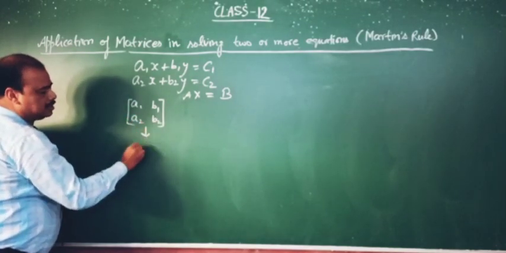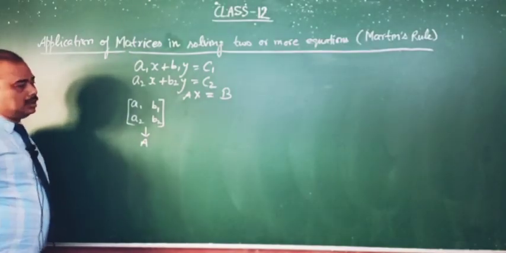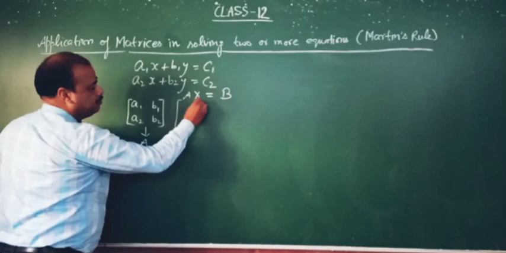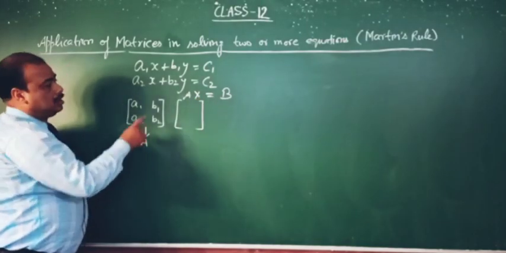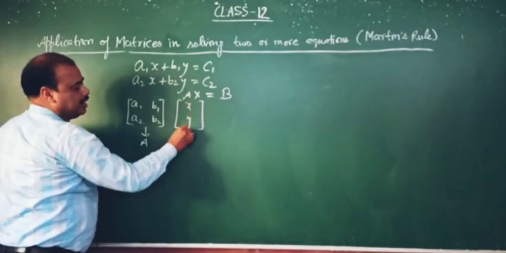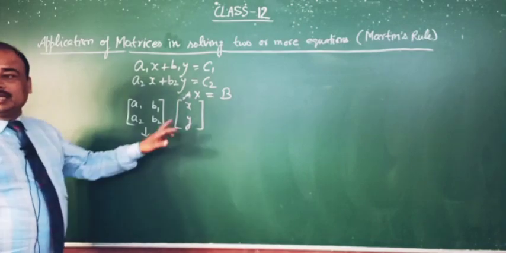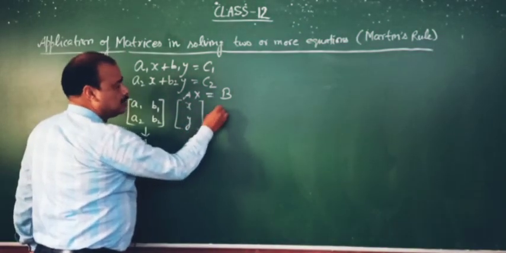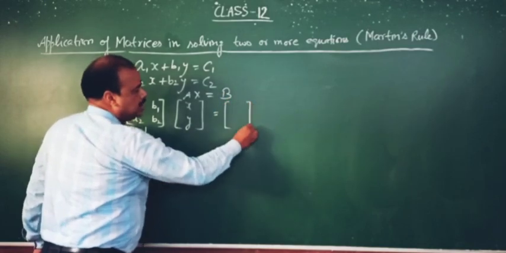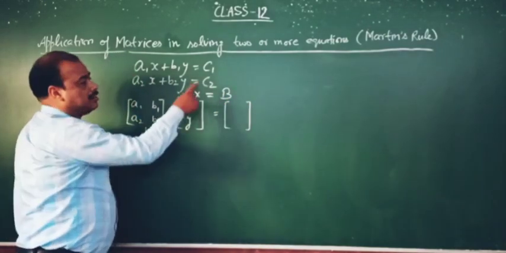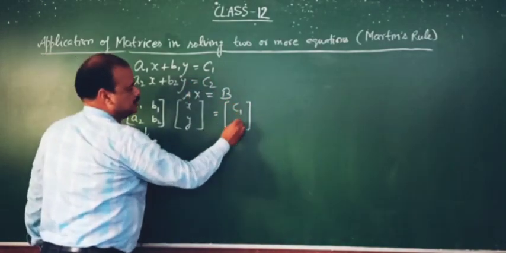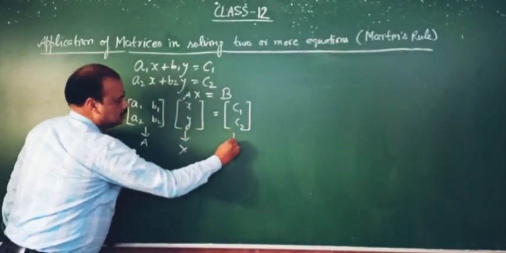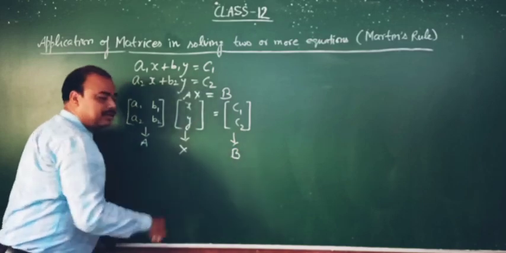This is matrix A. X is the matrix of variables, x and y. It is a column matrix. Equal to B. B is the column matrix of constants. It means c1 and c2.